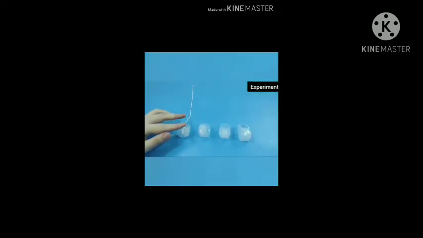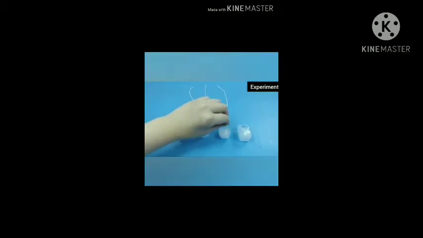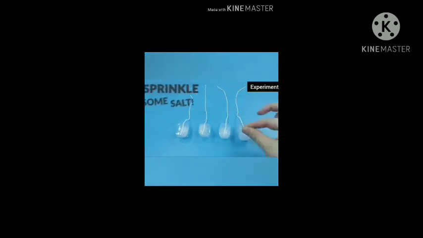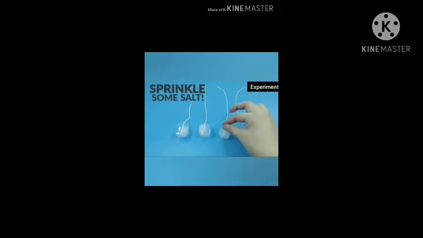Place ice cubes in a dish. Place pieces of thread on each ice cube. Now, sprinkle some common salt on and near the thread on the ice cube.